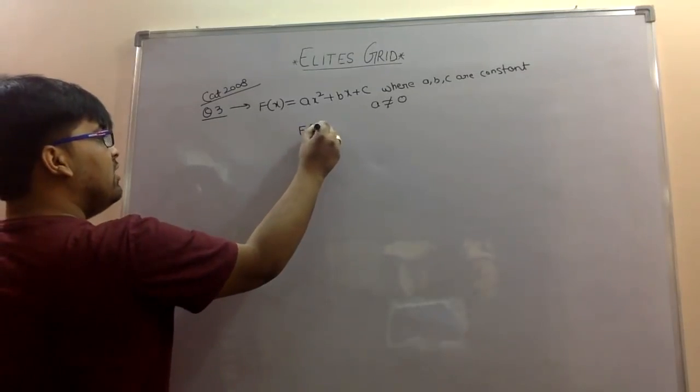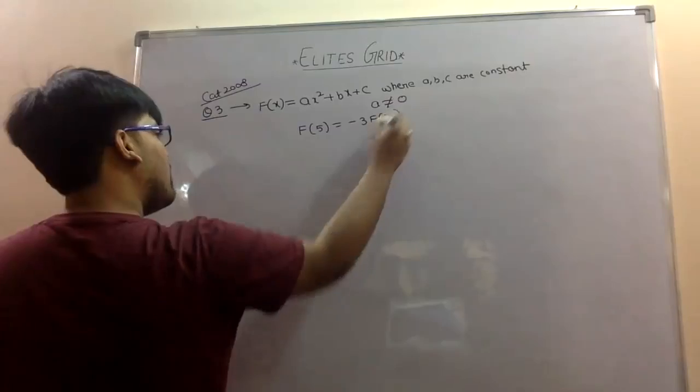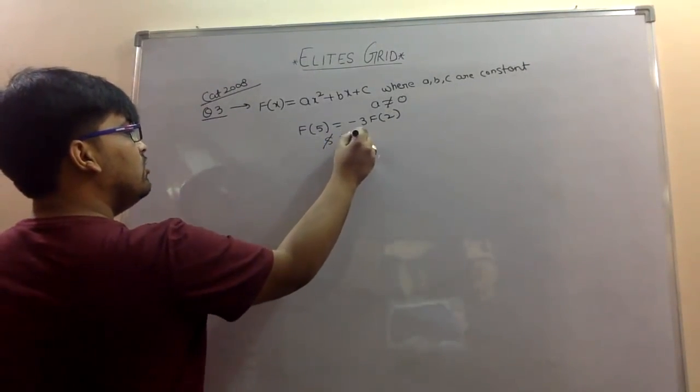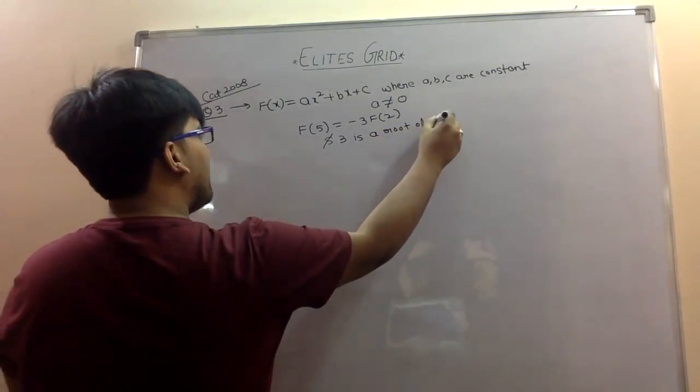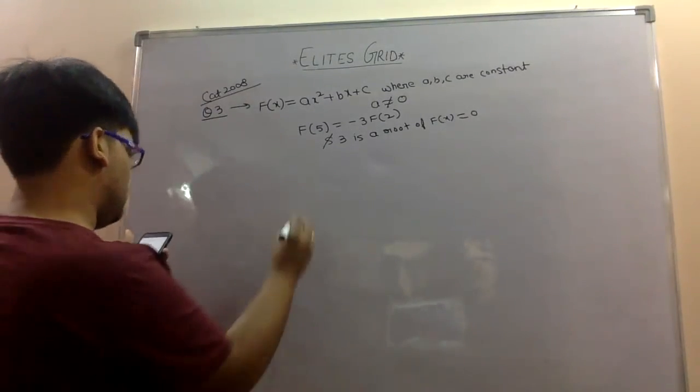It is known that f(5) is equal to minus 3 f(2), and 3 is a root of f(x) is equal to 0.